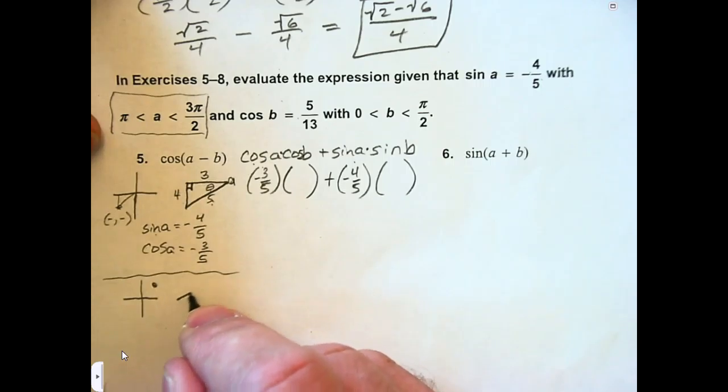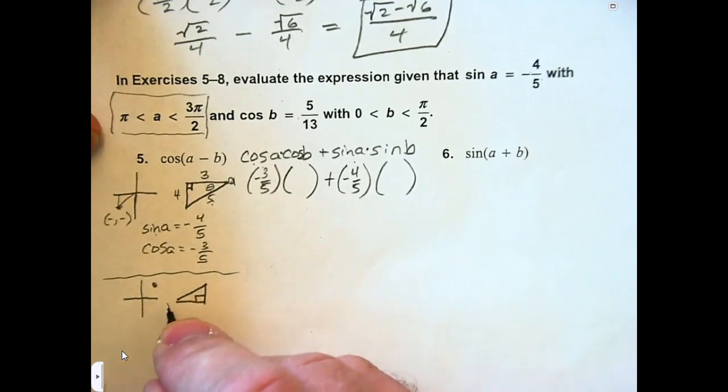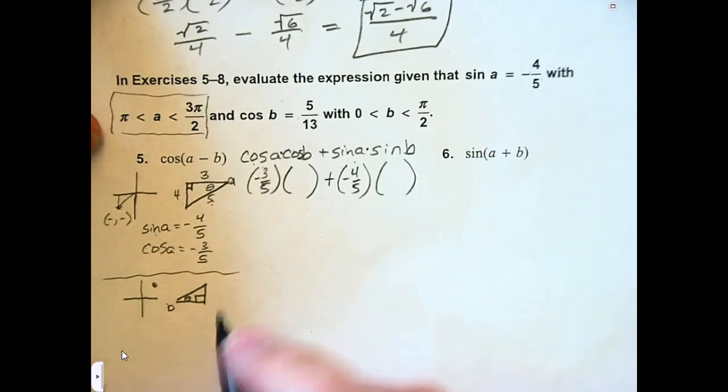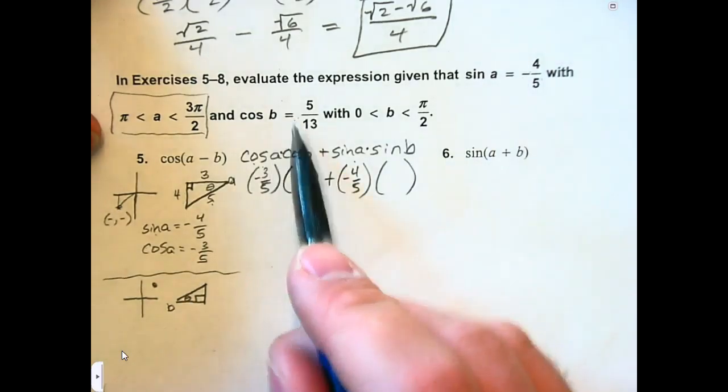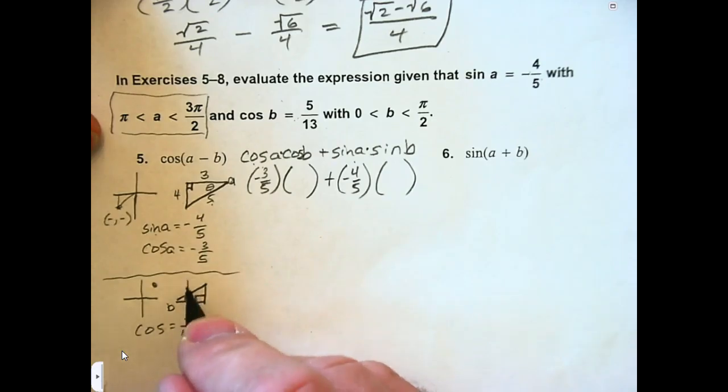Yeah, we're in quadrant 1, right? And it is another special triangle. Adjacent 5, hypotenuse 13, so 5, 12, 13.